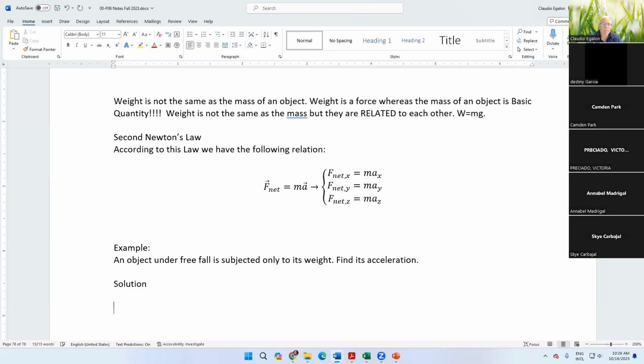That's going to be a very simple problem. Because the object is under free fall, the net force applied to this object is just the weight. Let's not forget that the weight is given by minus mg y hat, with a negative sign here.